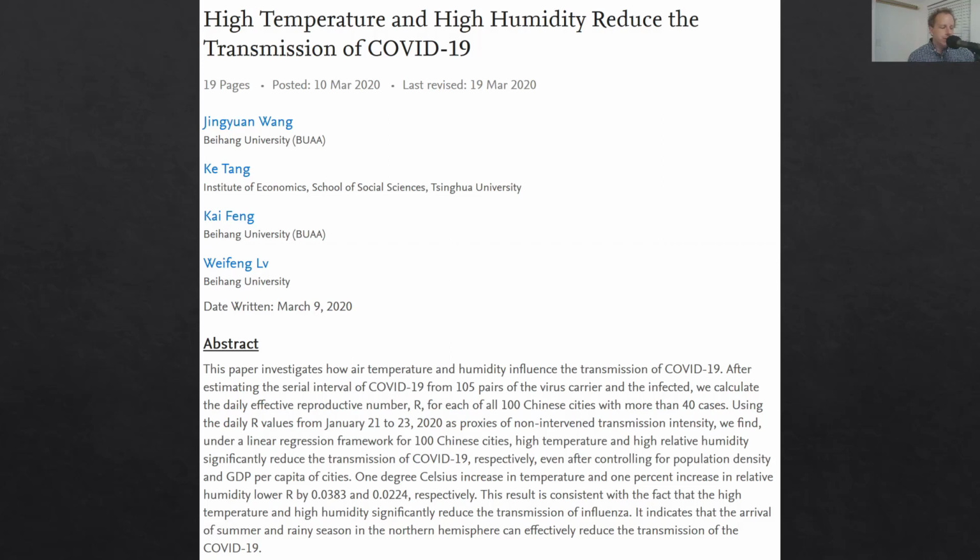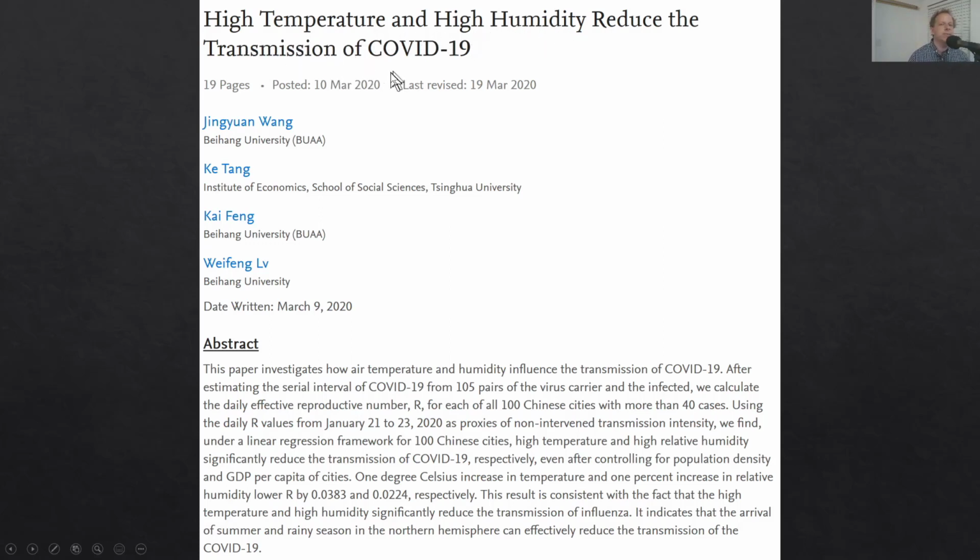So I wanted to talk about a really important issue around interpreting models. And for a case study for this, I thought let's pick something that's actually super important right now, which is a model in this paper. One of the things we're going to try and do in this course is learn how to read papers. So here is a paper which I would love for everybody to read, called High Temperature and High Humidity Reduce the Transmission of COVID-19.